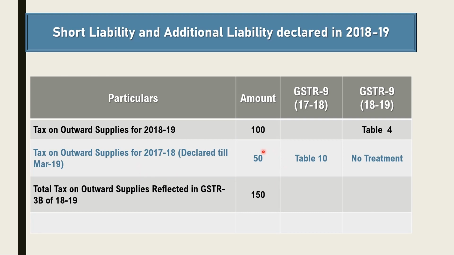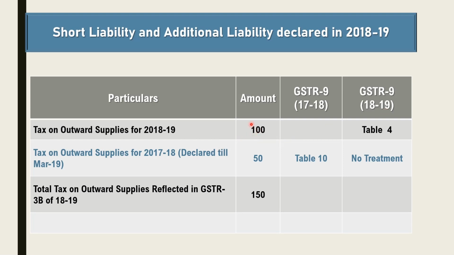My total output figure reported in GSTR 3B of 18-19 is 150 rupees, out of which 100 rupees pertains to 18-19 and 50 rupees pertains to outward supplies for which tax was declared in 18-19 but related to 17-18. So this 100 rupees which pertains to 18-19 and is shown in 3B of 18-19 would be reflected in table 4 of 18-19 GSTR 9.